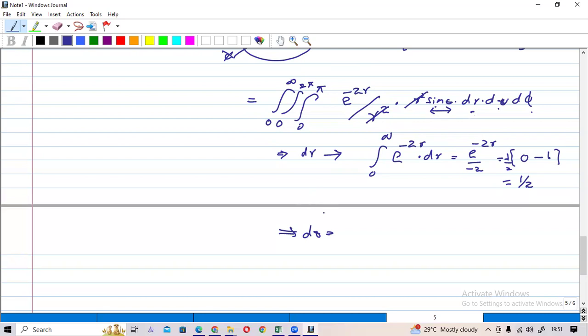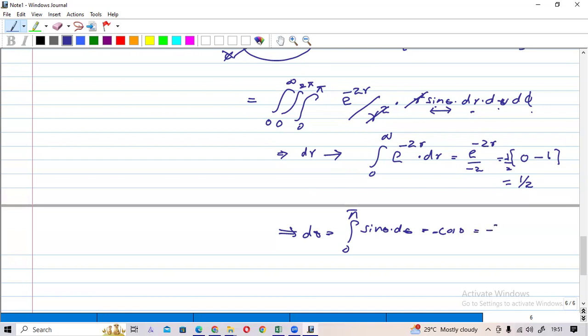So you have to integrate 0 to pi sine theta d theta. Very quickly you can get the answer, minus cos theta. So it will be minus cos pi, that is minus 1, minus cos 0, that is 1. So you will have 2.